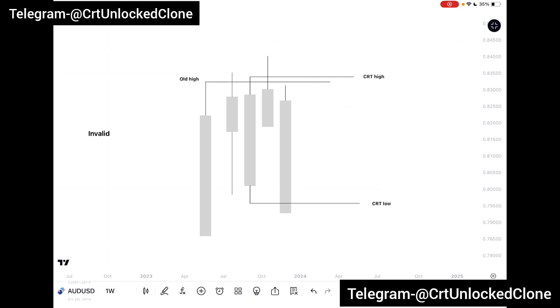So I think you guys got it clearly. Now the moral of the story is that the first candle which needs to purge the old high or the old low should be the CRT candle or the manipulation candle, and none of the other candles should purge the old high or low before the CRT candle.